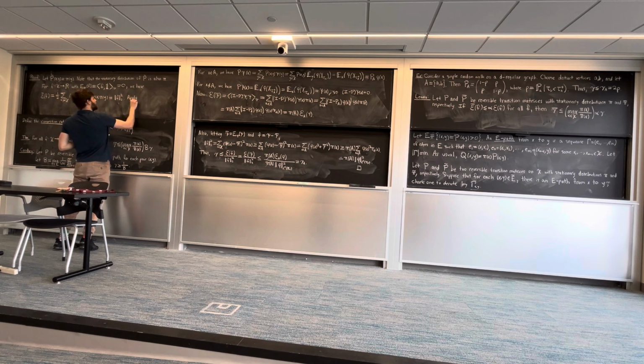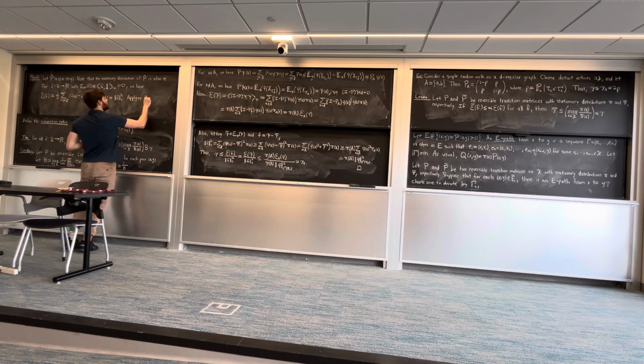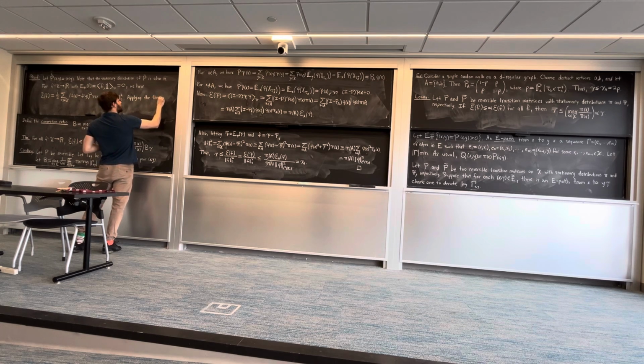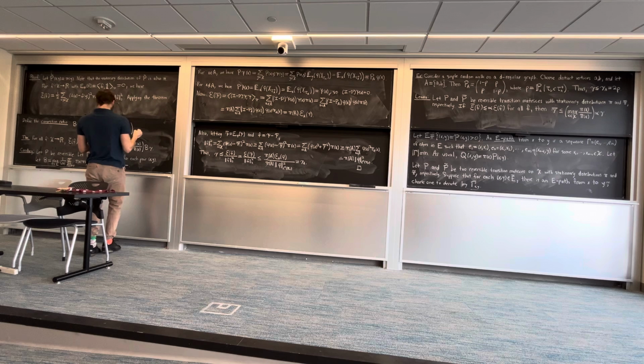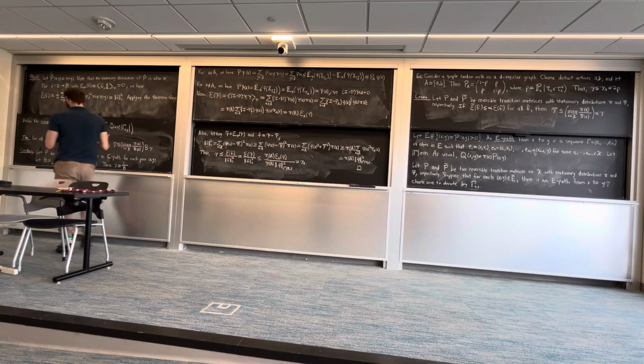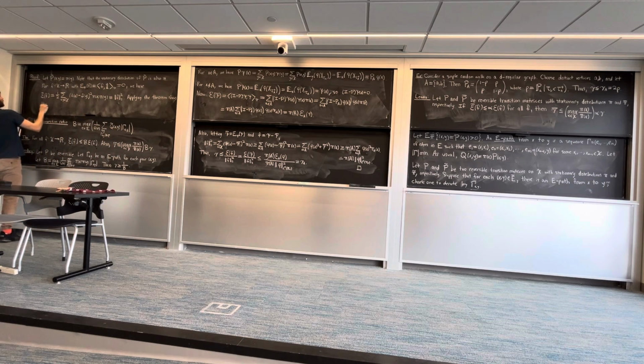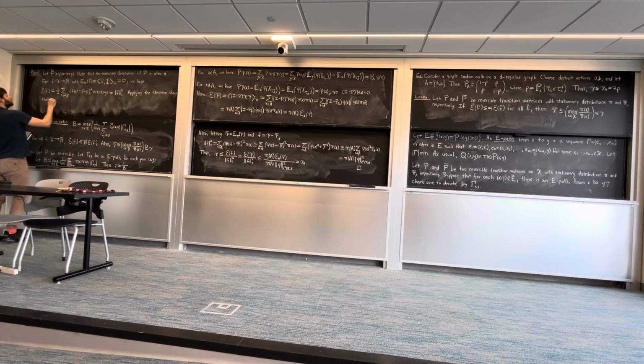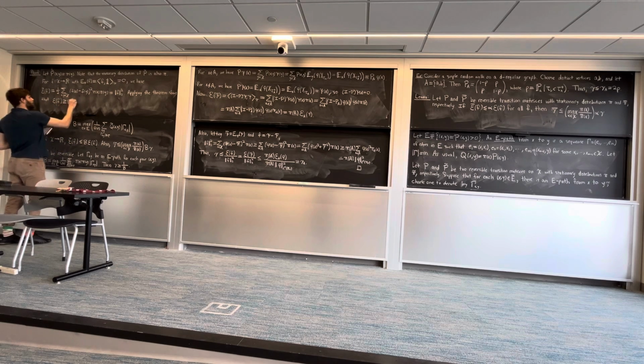But then, if we apply the theorem, it shows that E of f is at least B inverse times E tilde of f, which is the 2 norm of f squared.